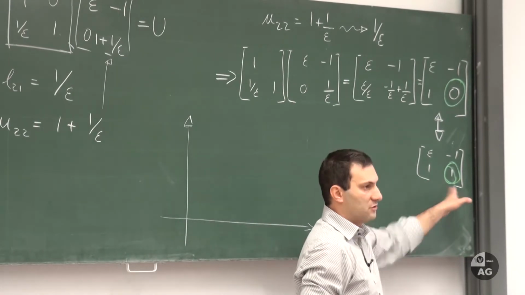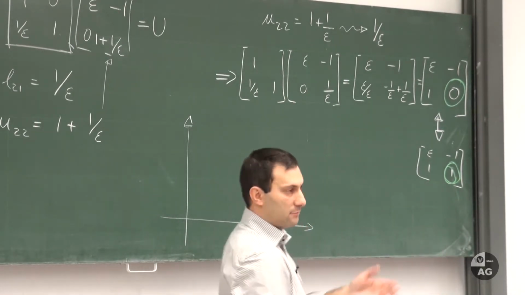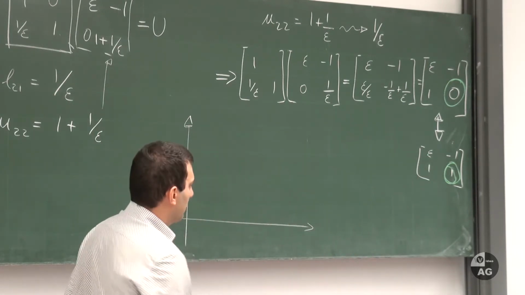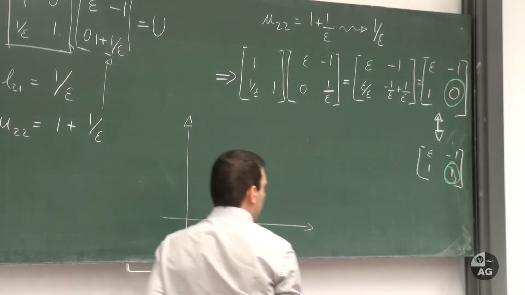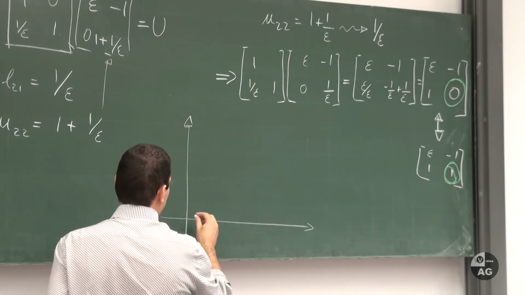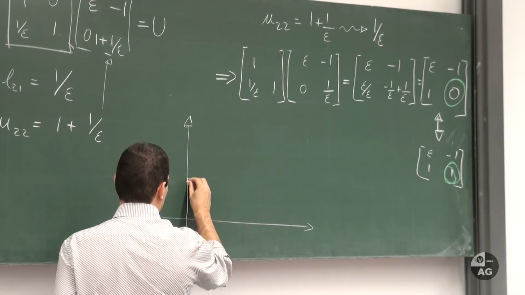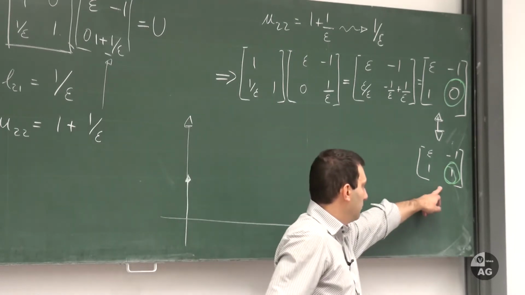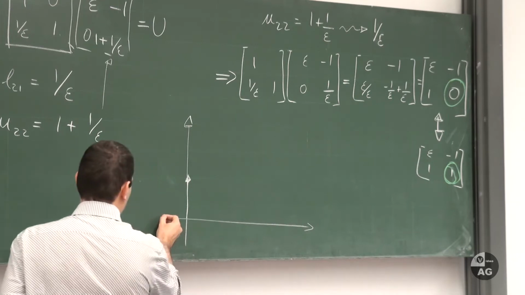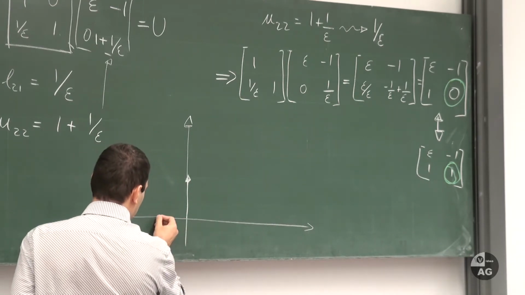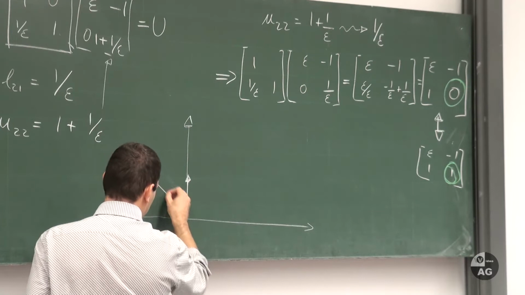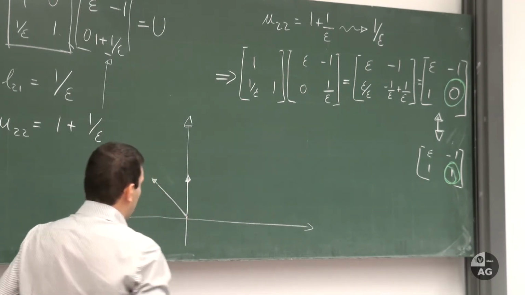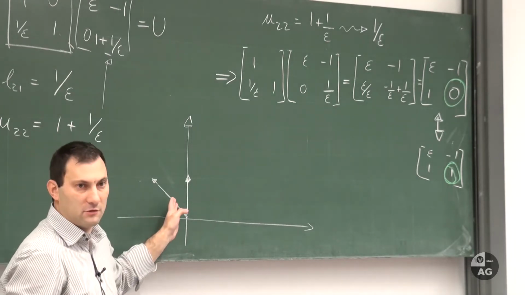Let's look at the columns of my matrix. Let's plot them. Epsilon, we said that it's going to be a small number. So epsilon, 1 is the vector, pretty much like this. And the vector minus 1, 1 is like this. So you see the angle between these two vectors.